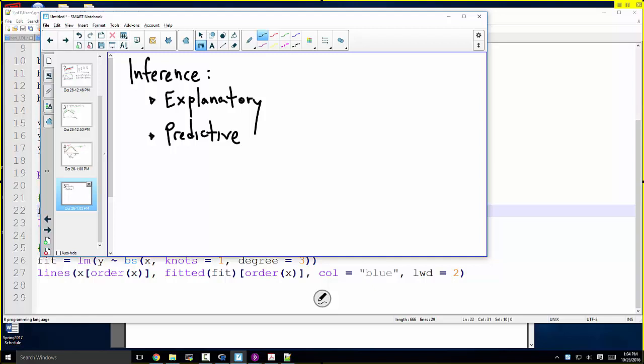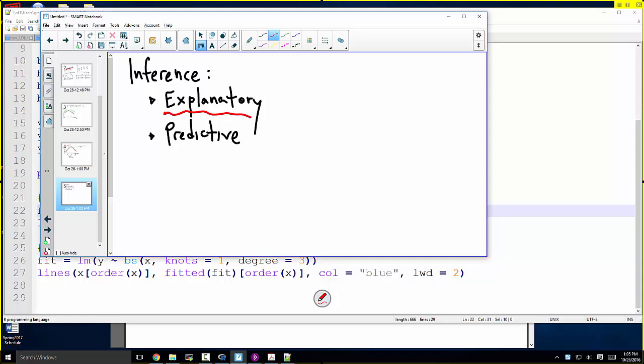Explanatory inference is like what we've been doing this semester. We have a response variable and we have some covariates. We want to ask, what's the effect of the covariate on the response? Give me a p-value for is there a treatment effect, for example. Give me a confidence interval on the change in mean associated with something. If the goal is p-values and confidence intervals to answer a scientific question, a hypothesis test, for example, then we are doing what we're going to call explanatory inference.